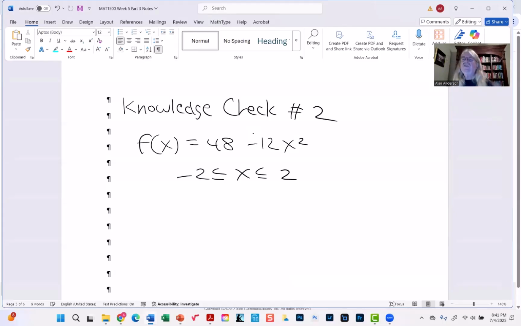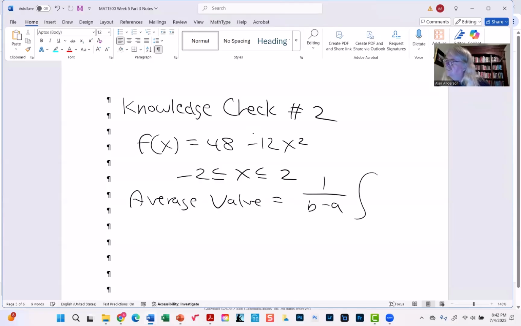Now, how do you calculate the average value? All right, it came up earlier in the slides, but this is the formula they're looking for: 1 over b minus a times the integral from a to b of f of x.